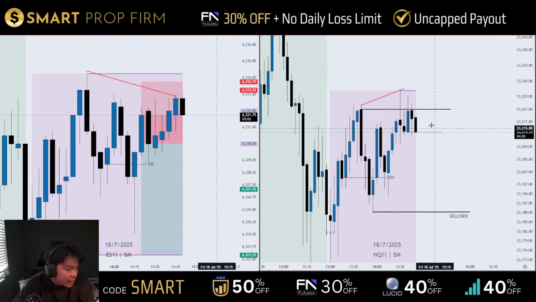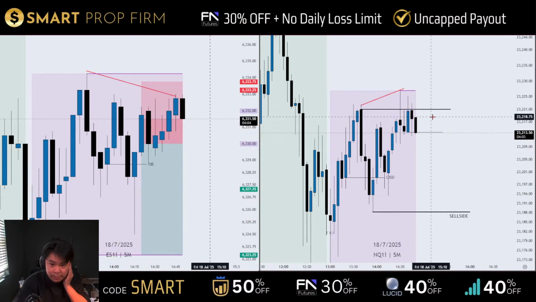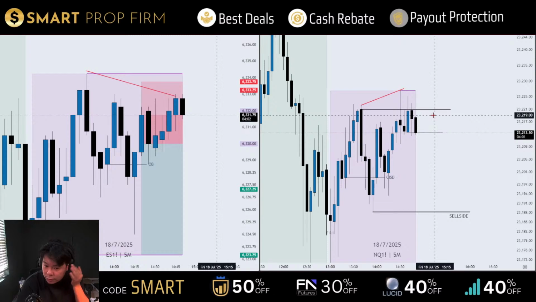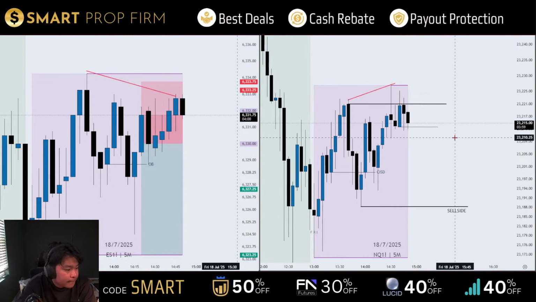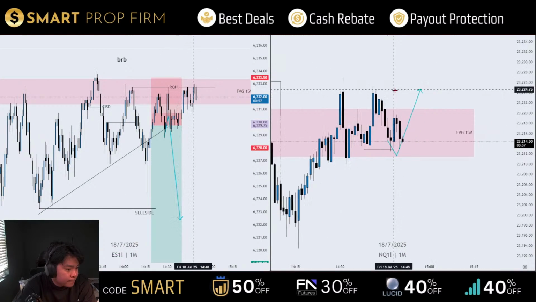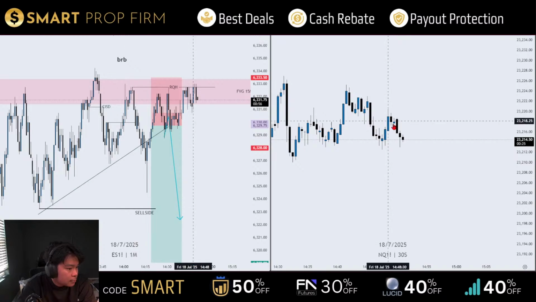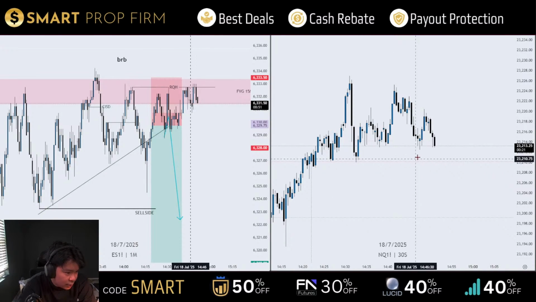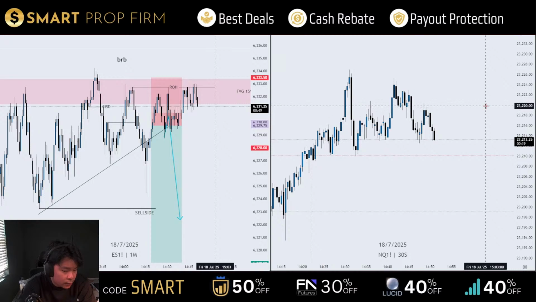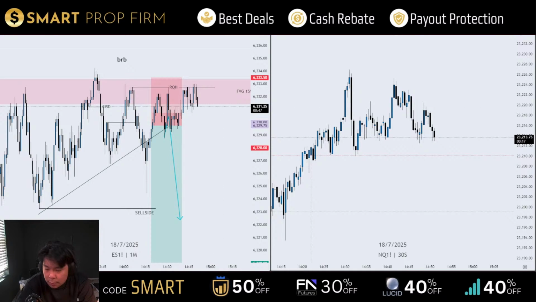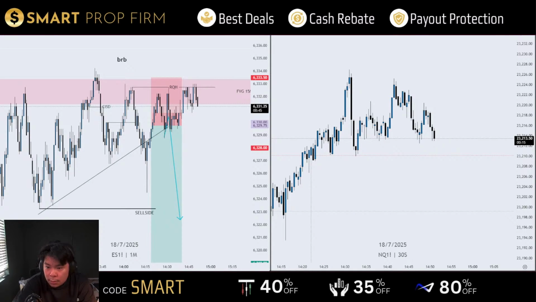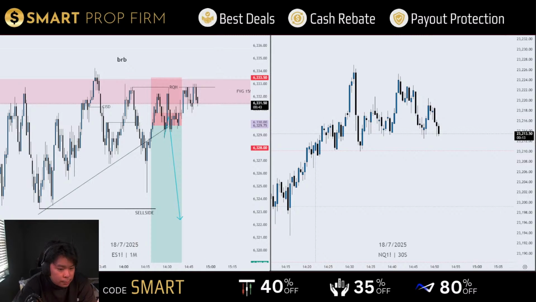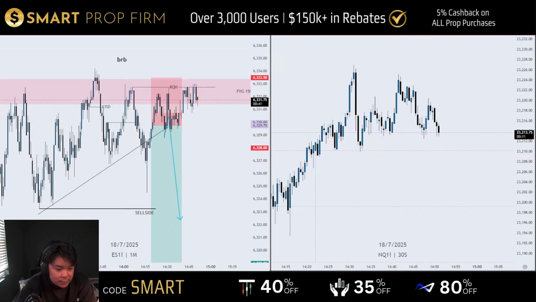I might just try to play NQ. NQ just feels slightly better right now for shorts, because we have a lot of liquidity being built up right now on NQ. How are we still alive is beyond me.